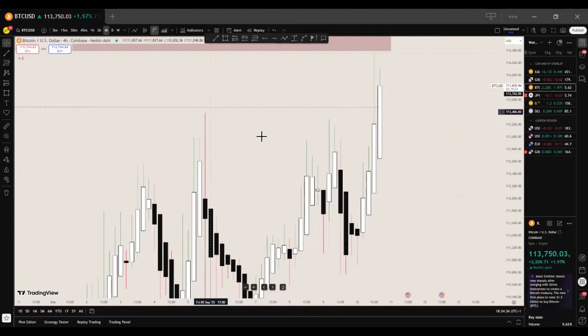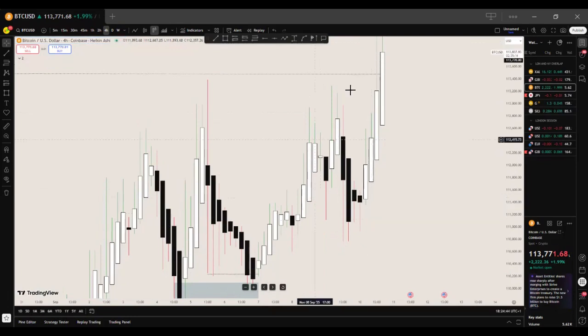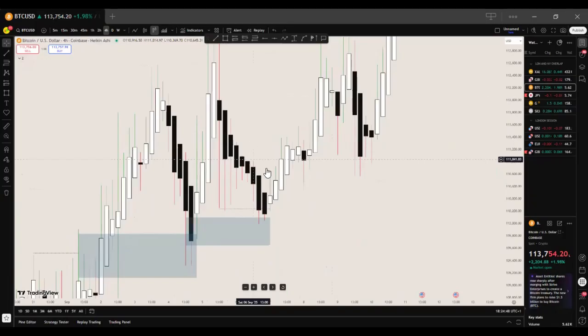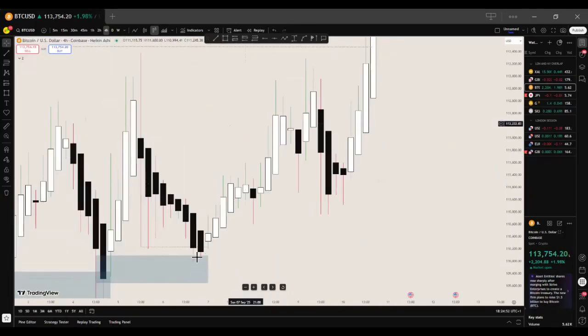That means price is just trying to look for liquidity, grab early buyers' stop losses, then start going bullish, targeting this main high.